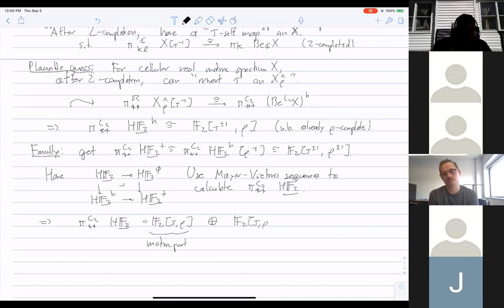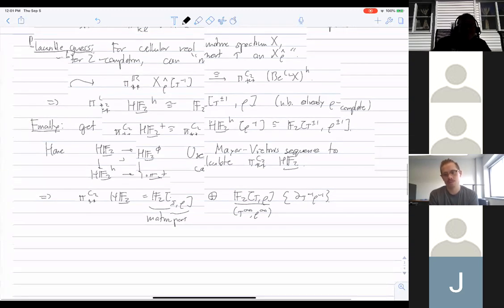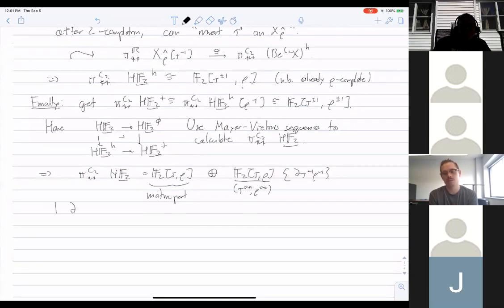I have F2 tau rho, tau infinity, rho infinity, on the class boundary of tau inverse, rho inverse. Boundary comes from the Mayer-Vietoris sequence. The grading is such that that class is in bidegree 0, 2. And this is infinitely divisible by tau and rho. That's what that notation means.